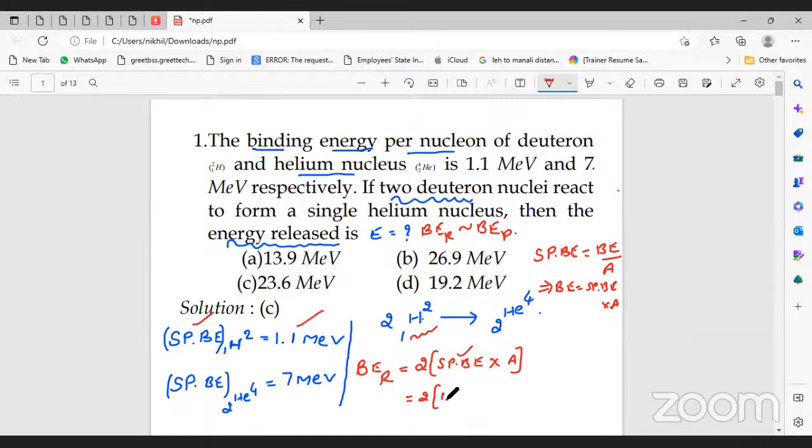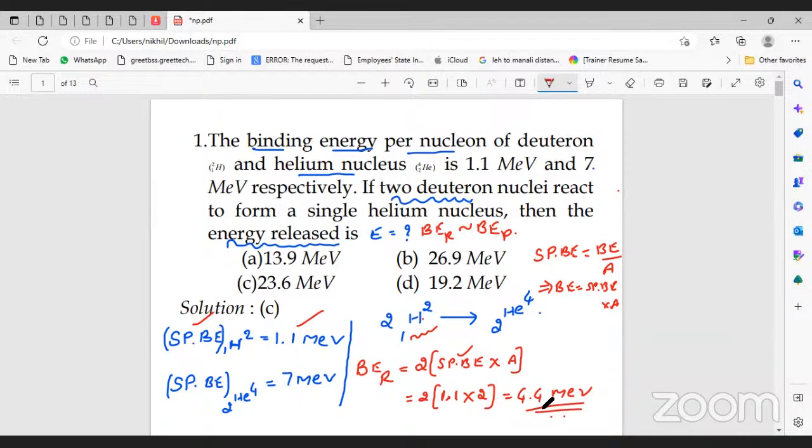It is 1.1 mega electron volt into 2. That is 1.1 into 2 into 2. 2 into 2 will be 4. 4 into 1.1 will be 4.4 mega electron volt.